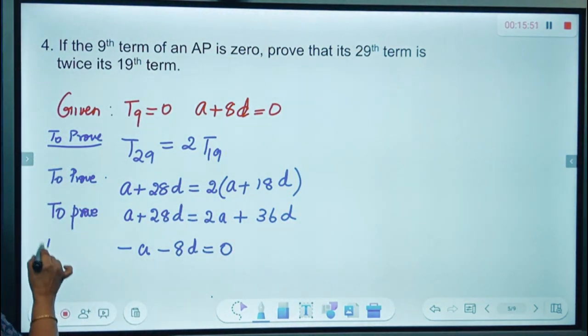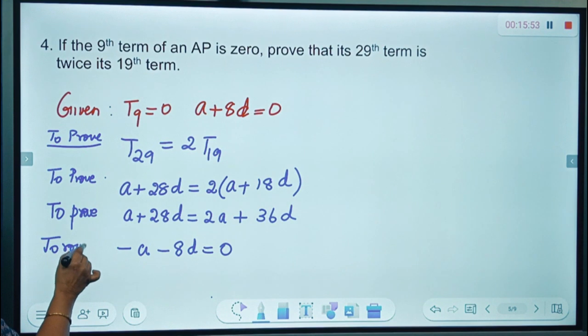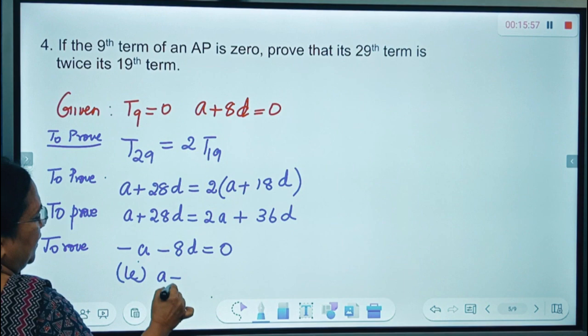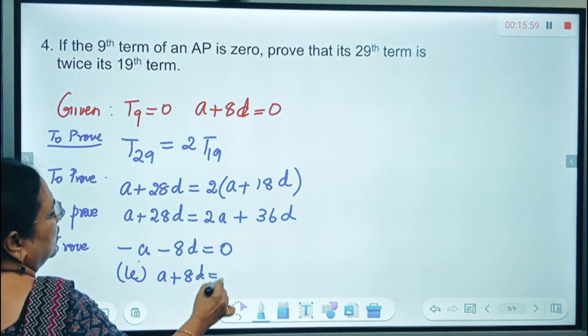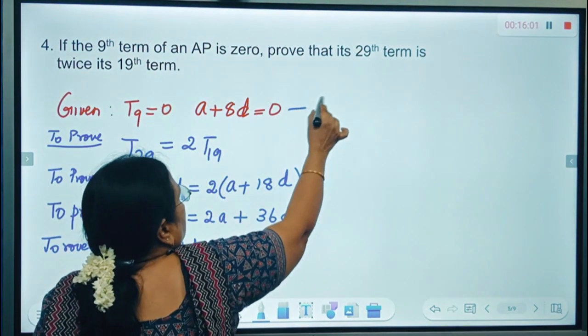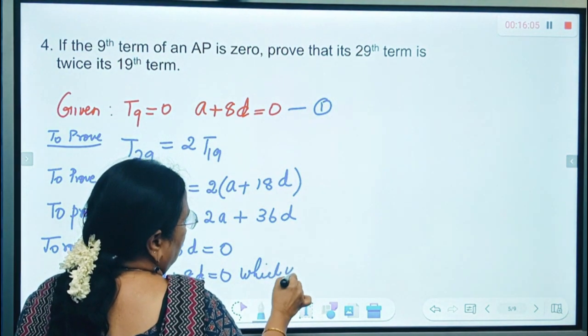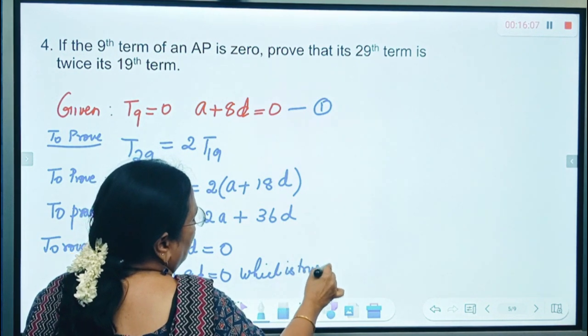We need to prove minus a minus 8d is 0. That is a plus 8d equals 0, which is true from 1.